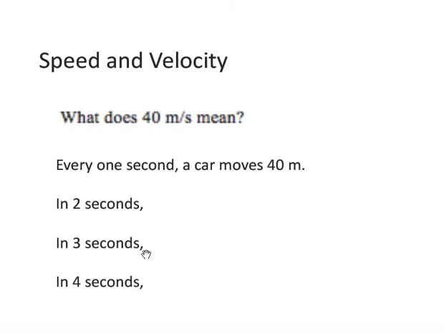And in 3 seconds, 80 plus 40, 120 meters. And in 4 seconds, 120 plus 40, 160 meters. So if you just understand the unit meter per second or kilometer per hour, you don't even need a formula anymore.